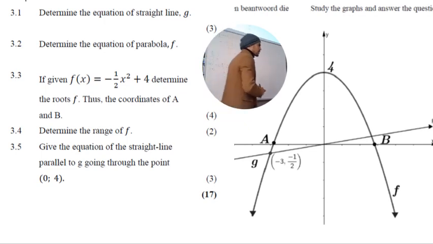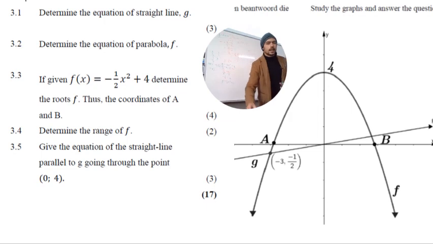Our next question is determine the range. Now the range is the y values. Remember, when they ask you for the range, it is what is the minimum y value and what is the maximum y value. So we can take our ruler, when our sketch is drawn, and go from bottom to top. If there are arrows indicated, that means it doesn't stop at that point.